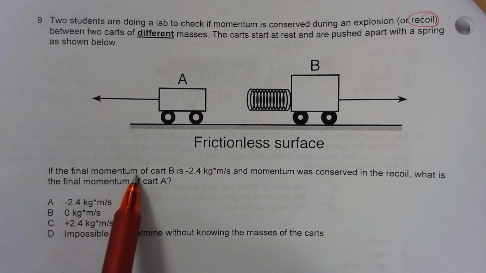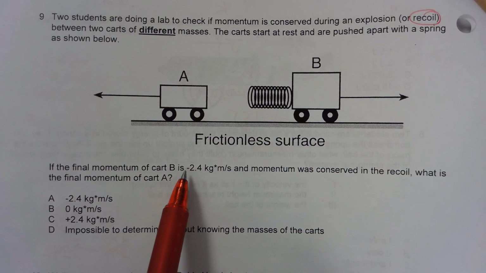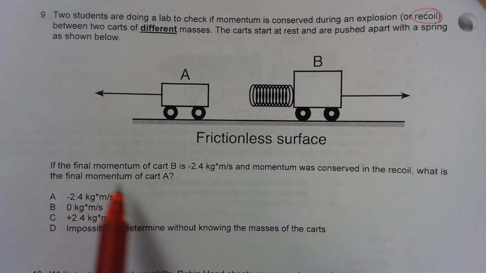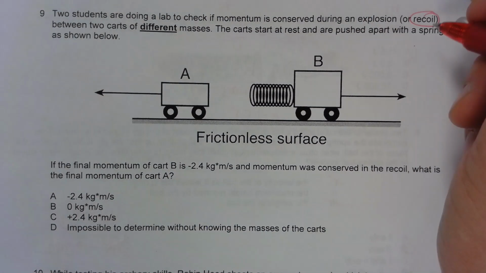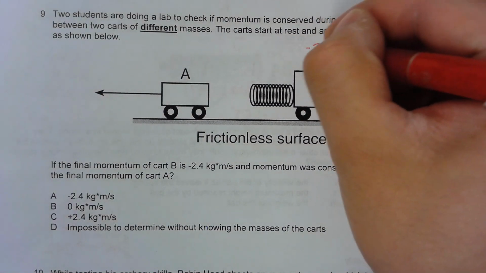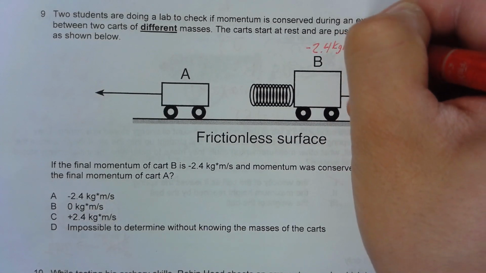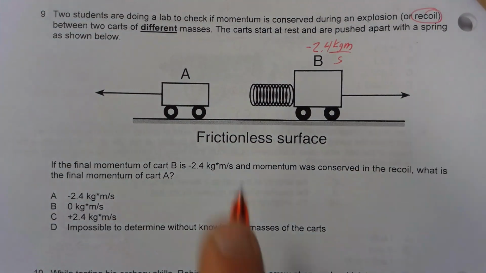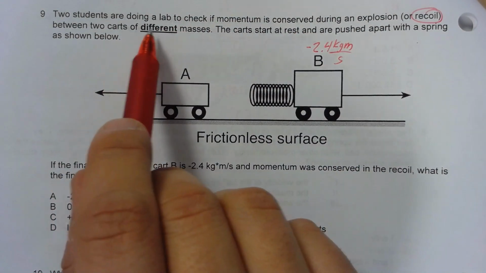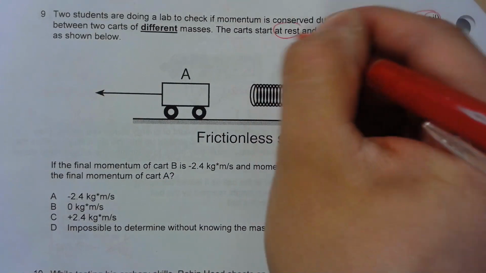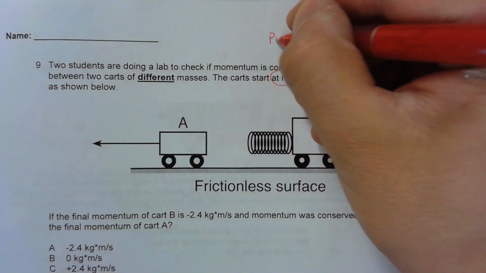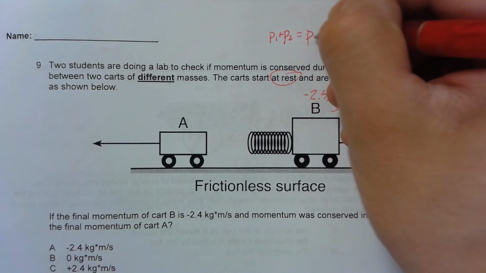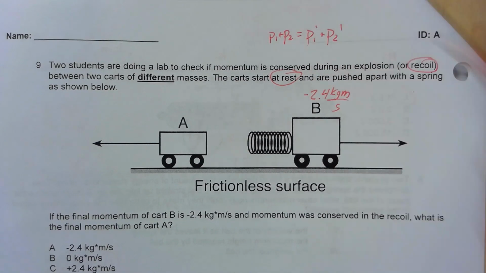If the final momentum of cart B is negative 2.4 and momentum was conserved, what's the final momentum of cart A? So it turns out their mass doesn't matter. If B's momentum is negative 2.4 kilogram meters per second, and they started together at rest, this is just like that earlier problem. We know that P1 plus P2 equals P1 prime plus P2 prime.